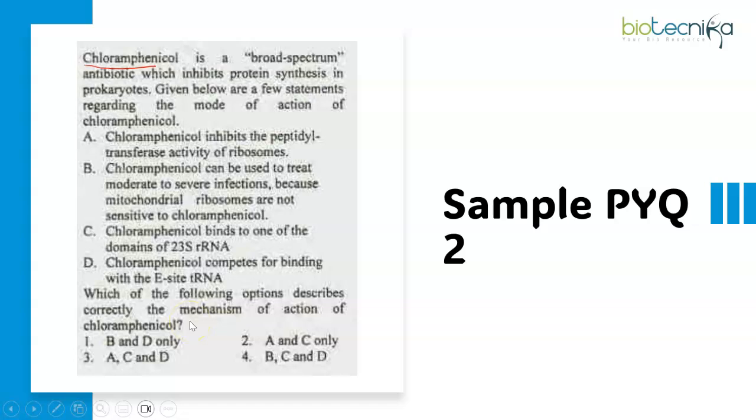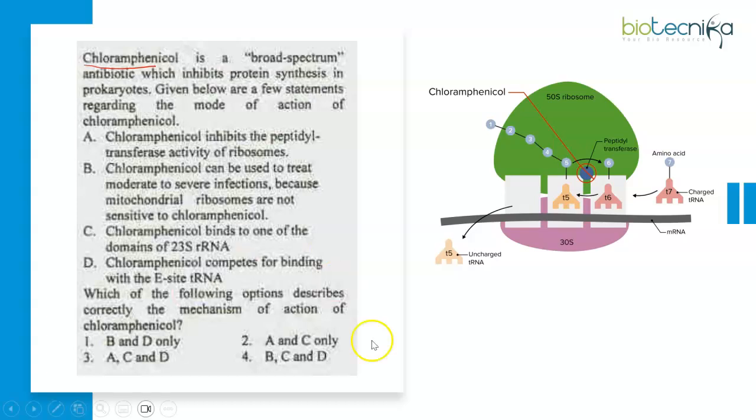So what does chloramphenicol do? This is the mode of action. When chloramphenicol is there, it stops the peptidyl transferase activity. If it stops the peptidyl transferase activity, what will happen? The peptide bond will not form. So chloramphenicol inhibits the peptidyl transferase activity of ribosome.